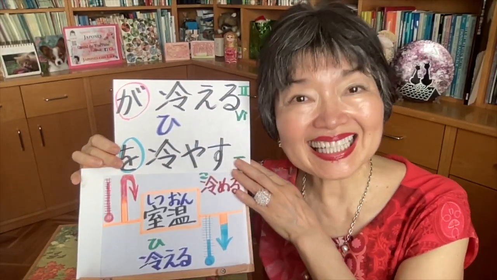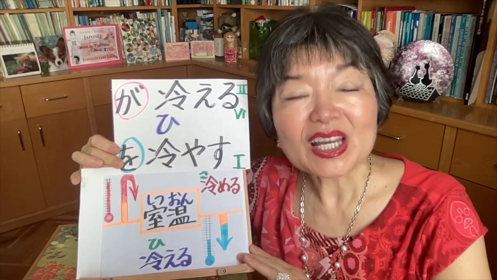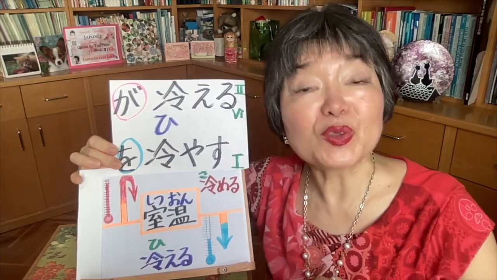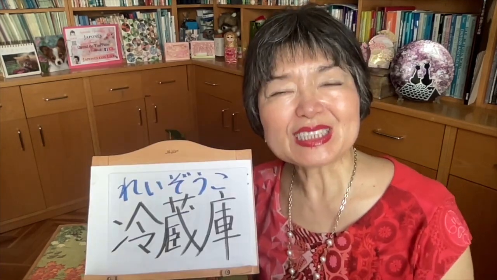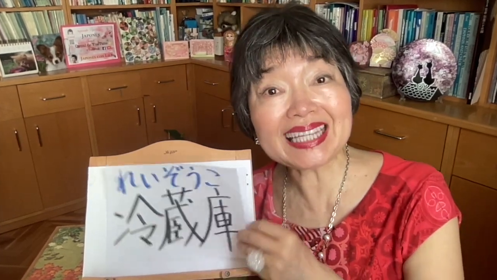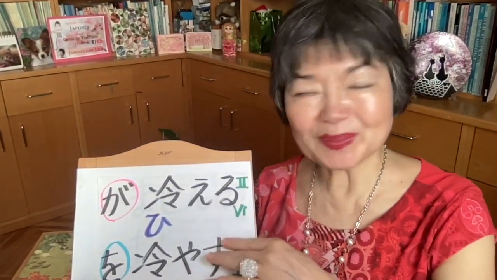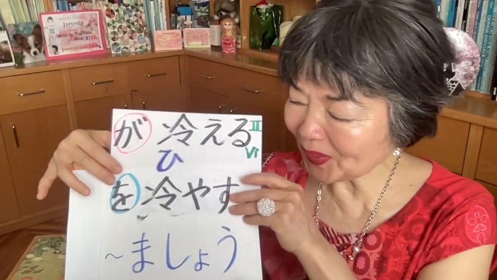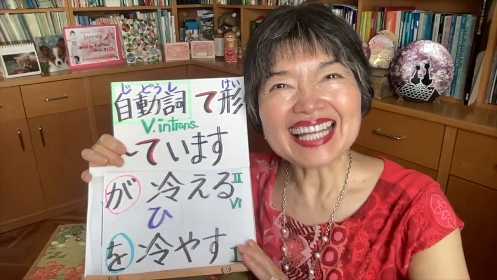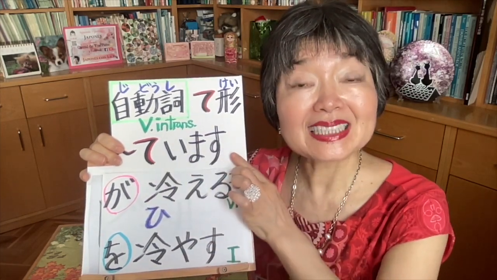Now an example using a transitive verb. Something を冷やす。In this case, I chill something or I make something cooler than the room temperature. Let's chill some beer in the fridge. 冷蔵庫でビールを冷やしましょう。Now using the intransitive verb and ています, the state.